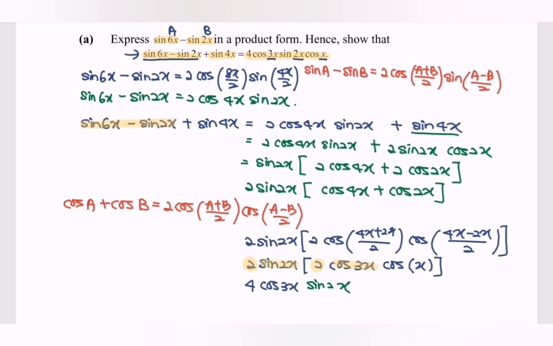Finally, we will have cos x. Refer to the left hand side. Sine 6x minus sine 2x plus sine 4x equals to 4 cos 3x sine 2x cos x, and we have shown the situation.